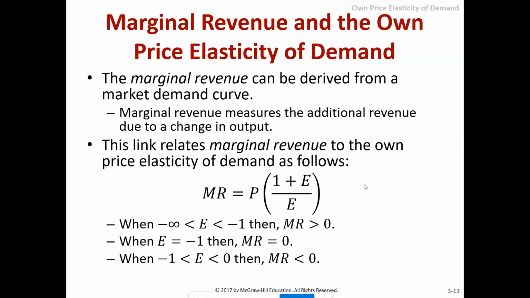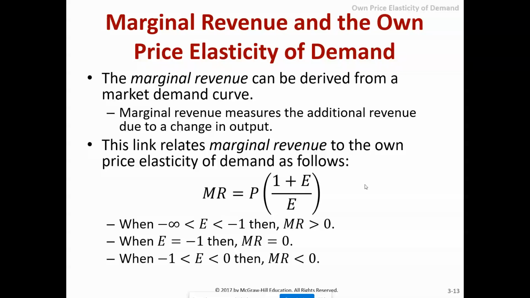Let's say you are a chocolate factory: if one more box of chocolate is produced, how much extra money can be generated by this one box of chocolate? If you're a t-shirt company, if you produce one more t-shirt, what is the extra revenue generated by this one more t-shirt? That's the meaning of marginal revenue.